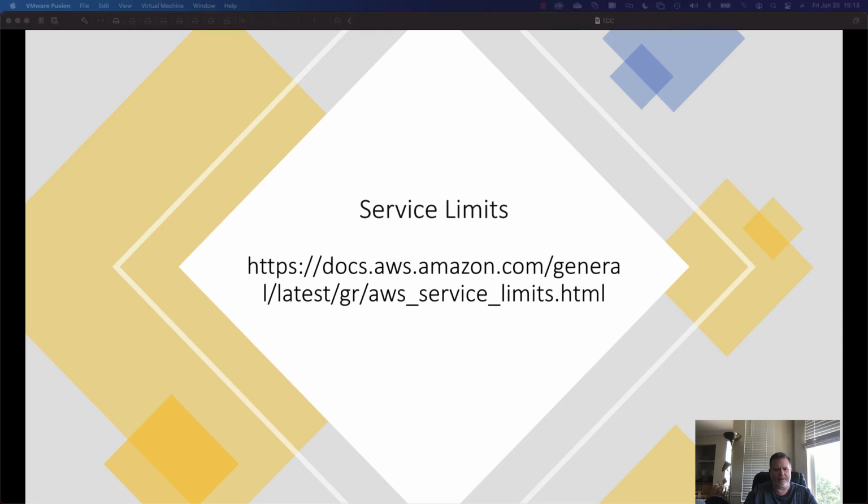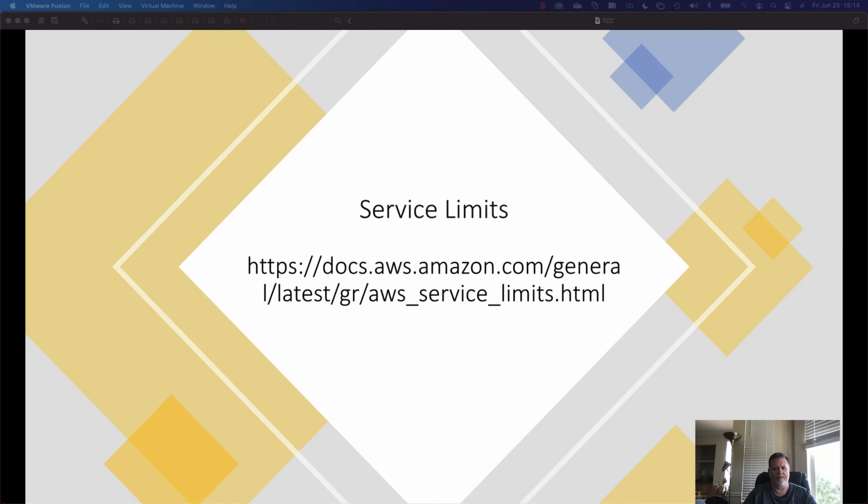All right, service limits. Besides pricing, we also need to know that there are some limits that Amazon imposes on us. For instance, you're only allowed to run 20 on-demand and 20 reserved EC2 instances of the M5 large instance type at any one time within a single region.